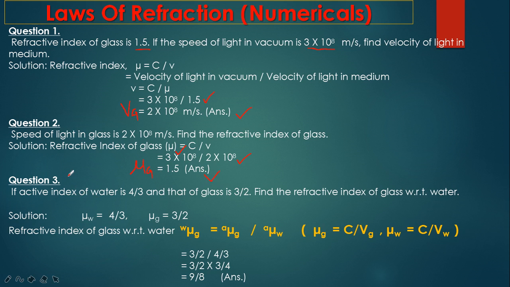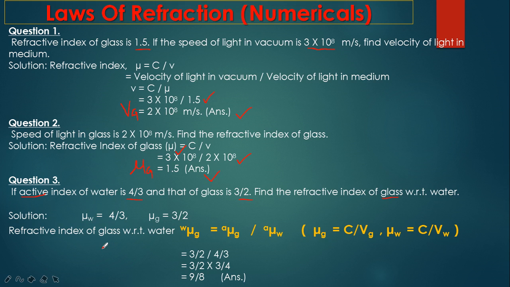Now question number 3 says the absolute refractive index of water is 4 by 3 and that of the glass is 3 by 2. Find the refractive index of glass with respect to water. So we have to find the relative refractive index of glass with respect to water. So refractive index of water 4 by 3, absolute refractive index of glass 3 by 2.